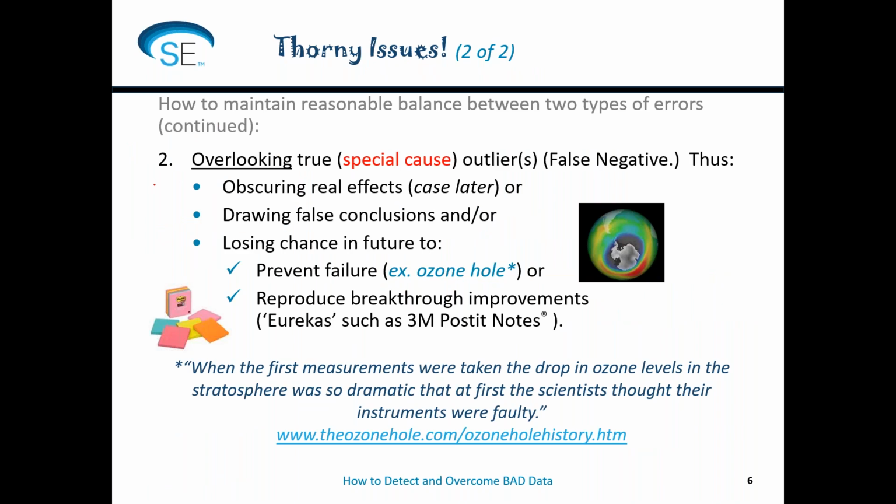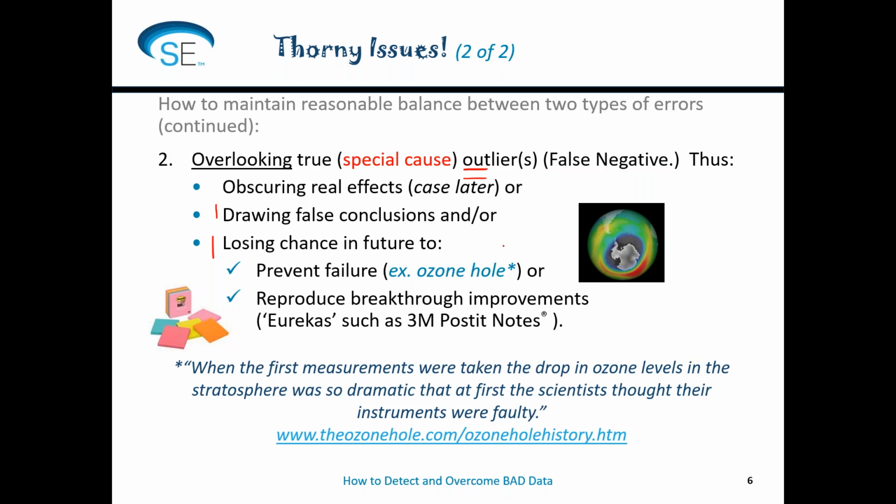Another side of it then is overlooking actual outliers and missing something. And this could be because you've got too much noise in the system to be able to see the real effects, drawing false conclusions. And this could be something that could really prevent you from a great opportunity.